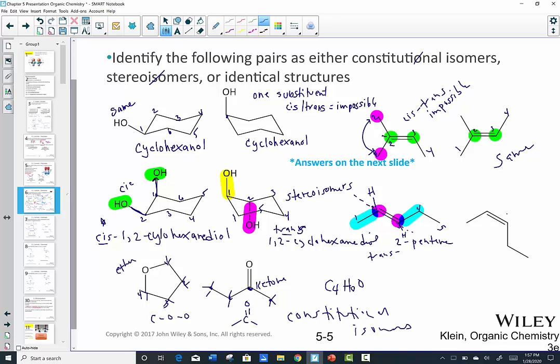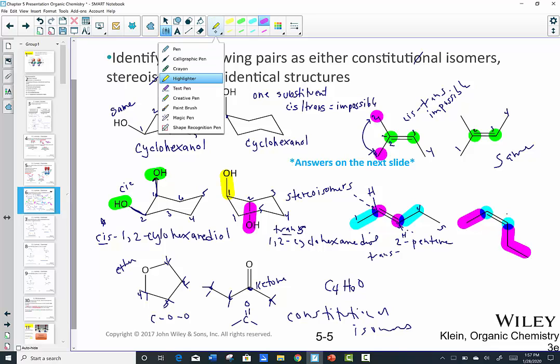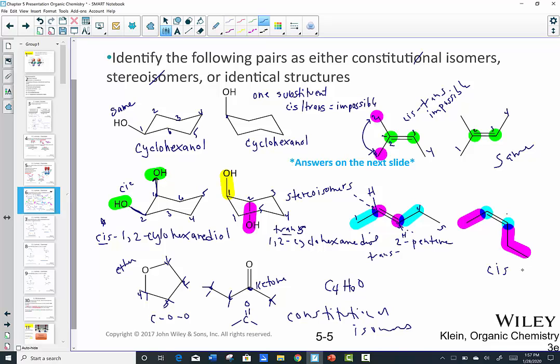Trans-2-pentene. Now look, here we have the 2 carbons in the double bond, but now all of a sudden they lead out in the same direction. So this is the conformation known as cis-2-pentene. And what we've just determined is that they are stereoisomers.